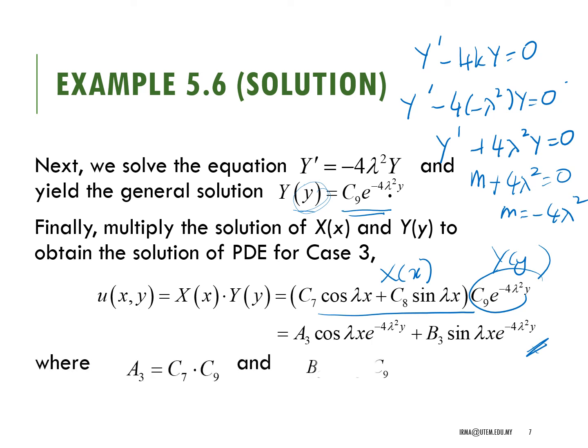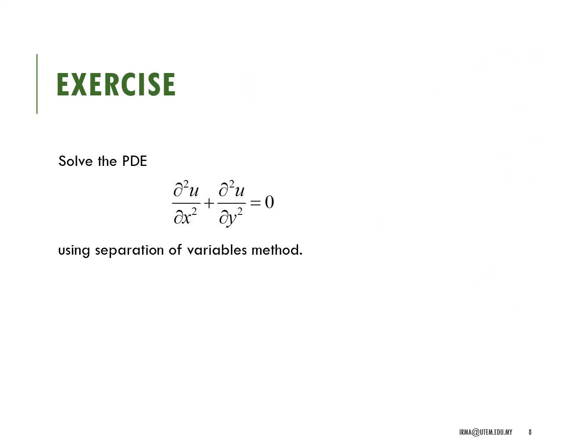So for the previous example, you will get 3 general solutions from 3 cases. Case 1, you get 1 solution, case 2, another solution, and case 3, another solution. So you have altogether 3 general solutions for the PDE.